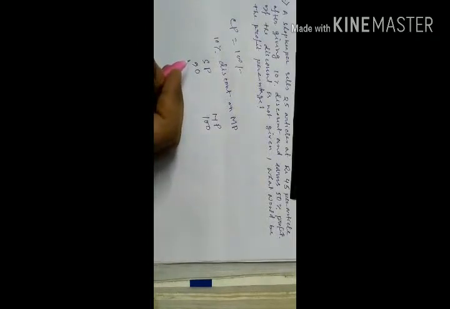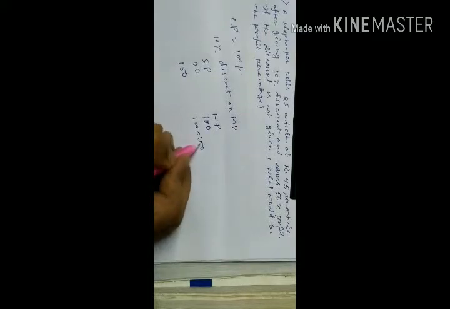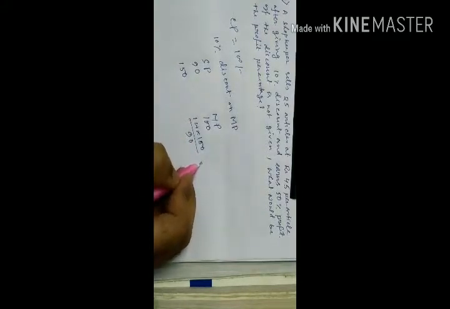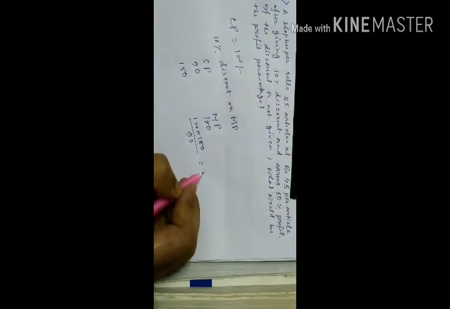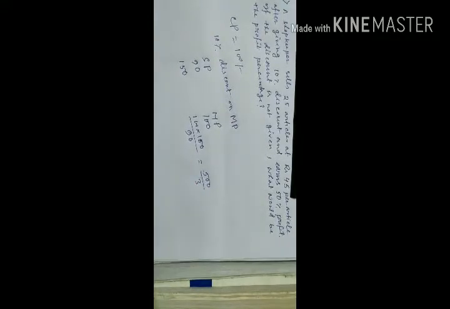Since 50% is profit, the sale price would be 150, then the mark price would be 100 into 150 divided by 90, that is equal to 500/3, ठीक आছे? This is the mark price.